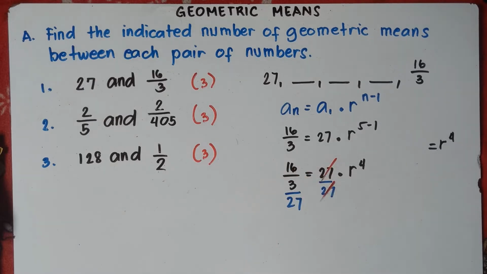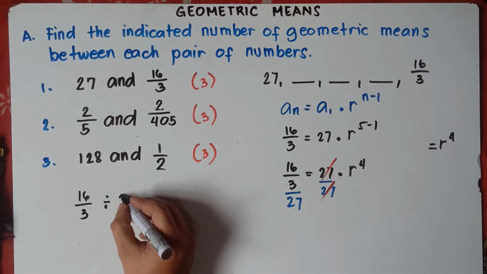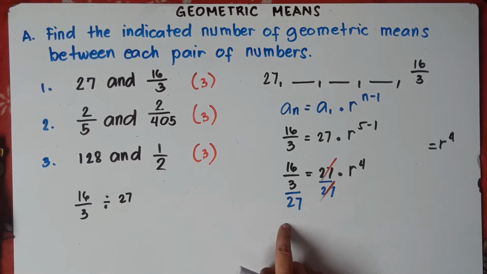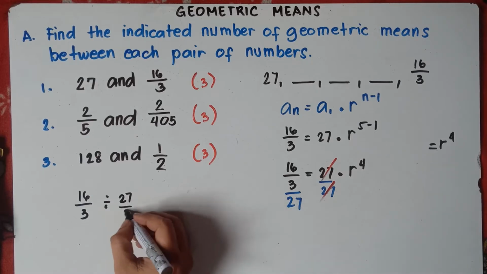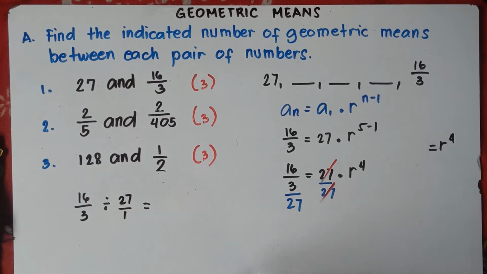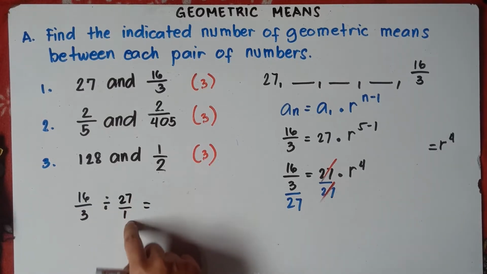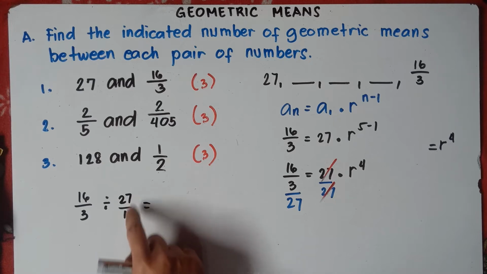And on the left side, we simplify this one, class. This will be 16 over 3 divided by 27, or we can put 27 over 1. When you divide fractions, according to the rule, you need to get the reciprocal of the divisor and then proceed to multiplication.